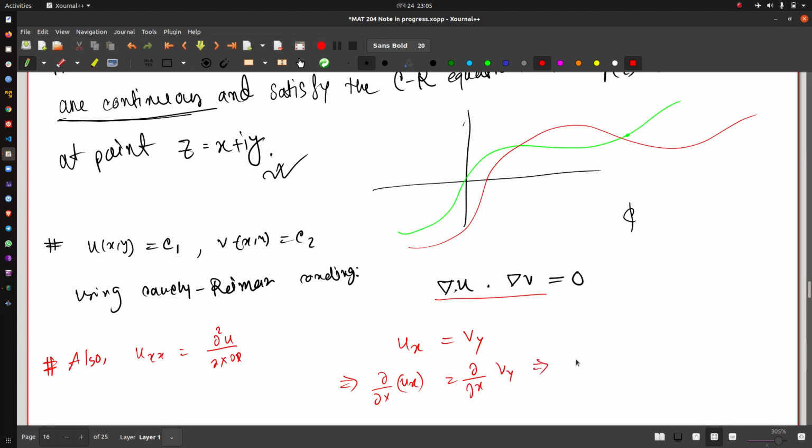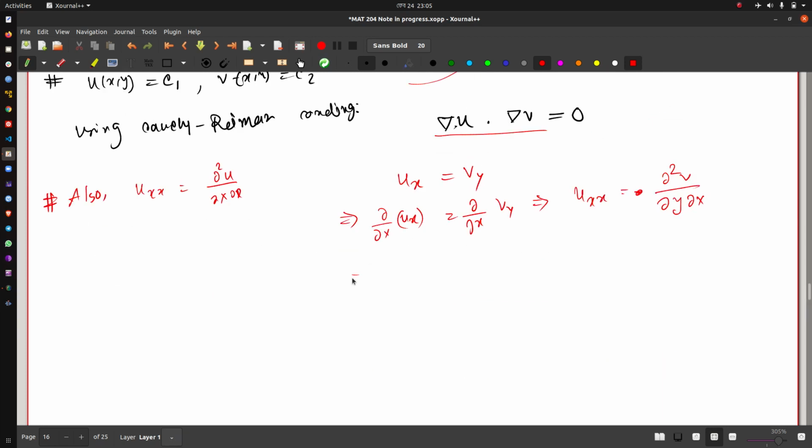In the next line you can write it as uxx equals del square v by dy dx, because partial derivatives are interchangeable. Now you use the other Cauchy-Riemann condition, that means vx equals minus uy.